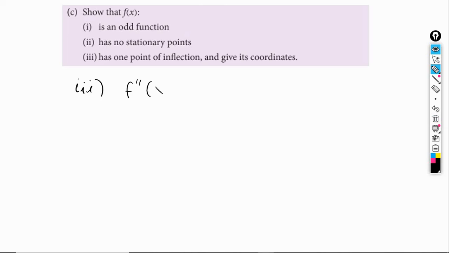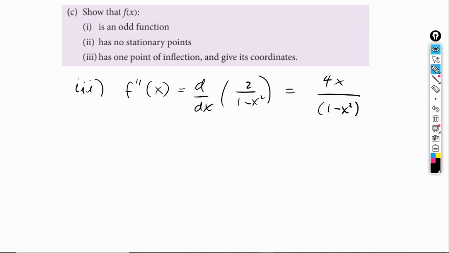So the second derivative of f of x is going to be the derivative of the first derivative, 2 over 1 minus x squared. And this is just the quotient rule again. If you do it, it's going to give you 4x over 1 minus x squared squared.